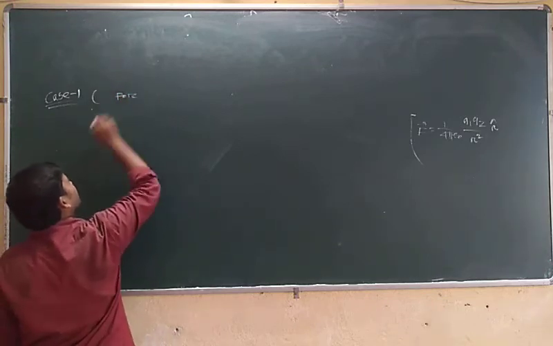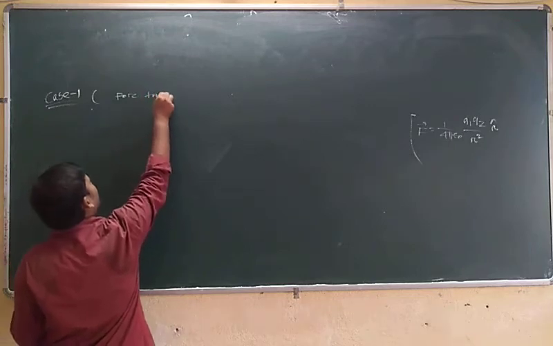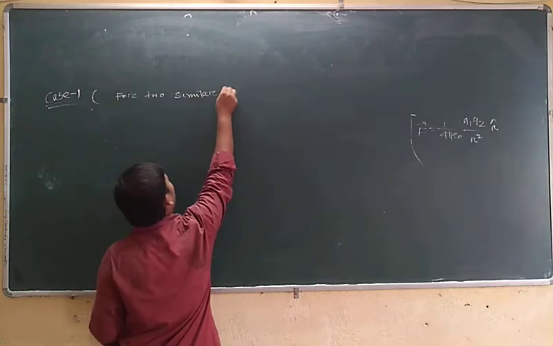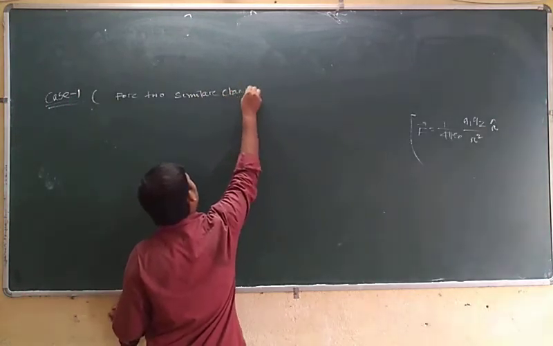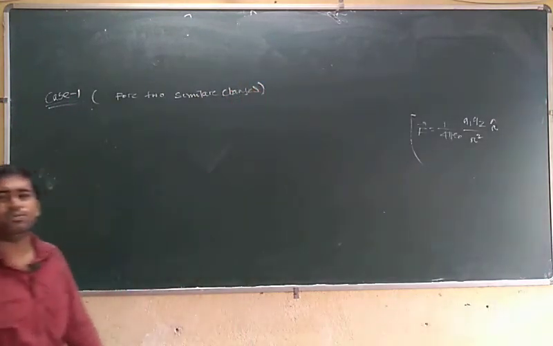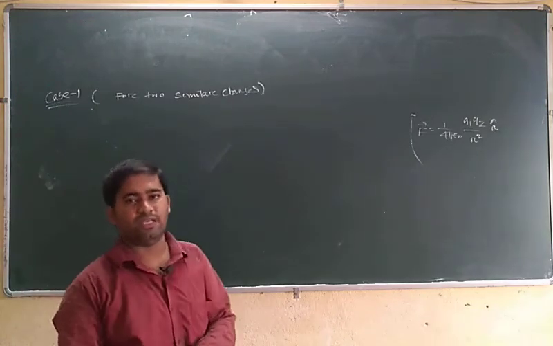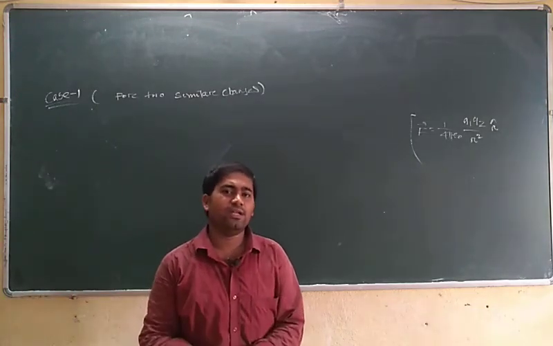Coulomb force in vector form for two similar charges. What do two similar charges mean? Two charges must have the same sign, or we can say they are like charges.